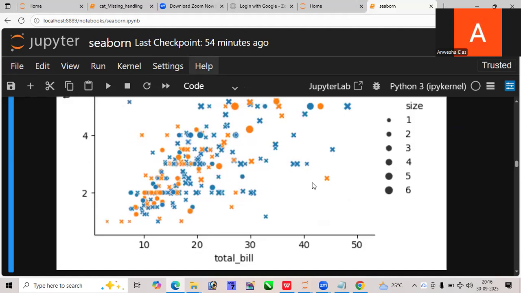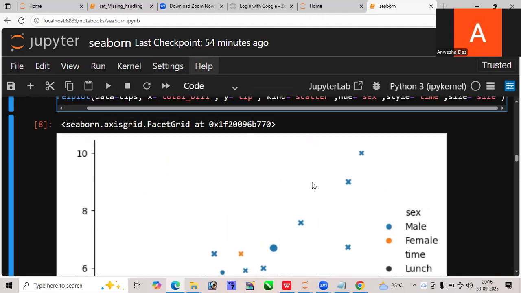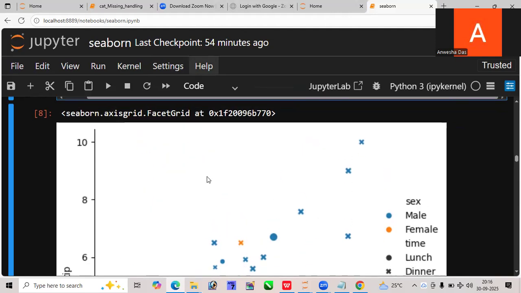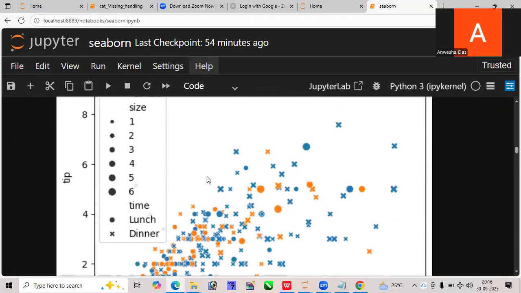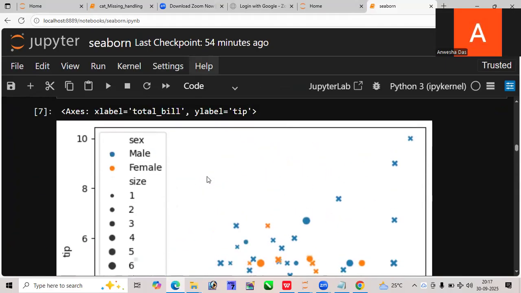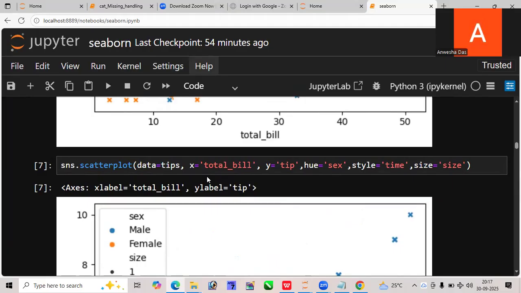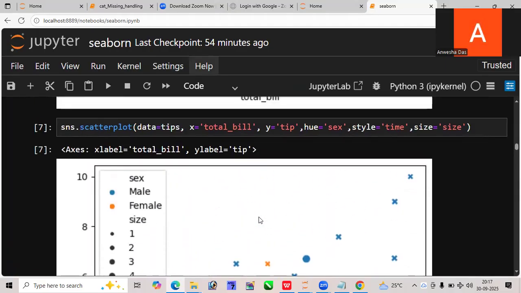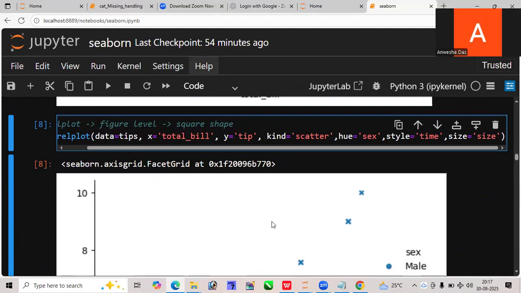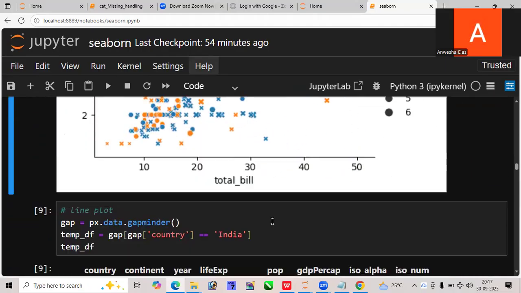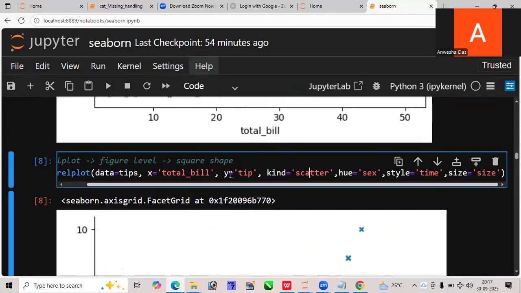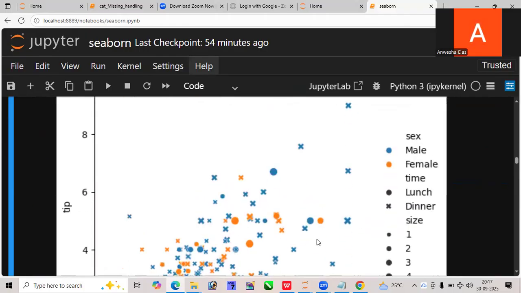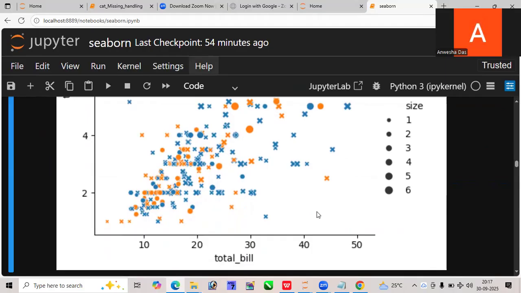If you observe the chart very carefully, the axis level is a kind of rectangle, and the figure level is a kind of square.